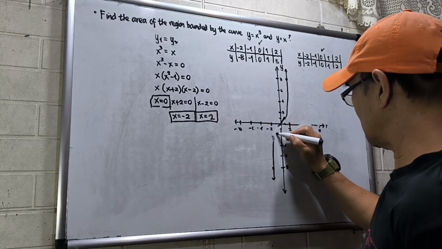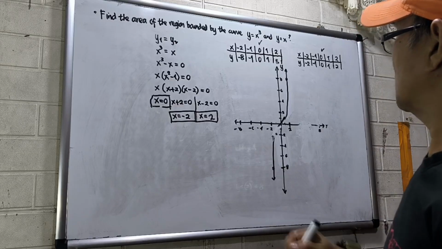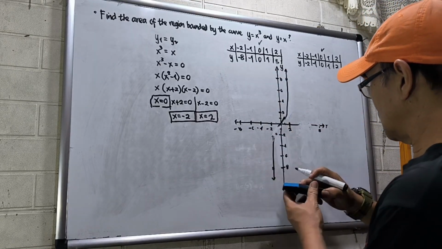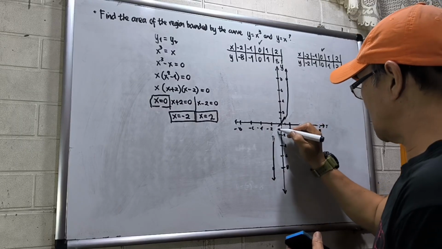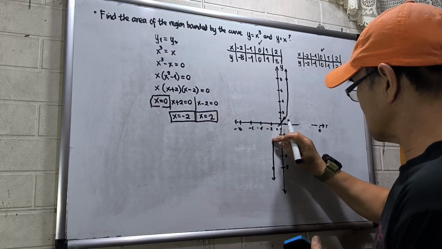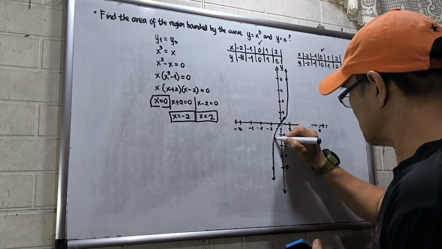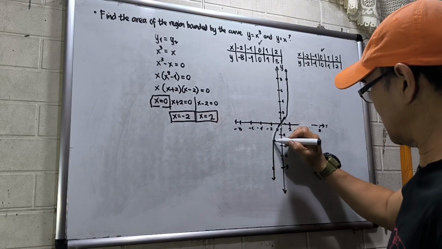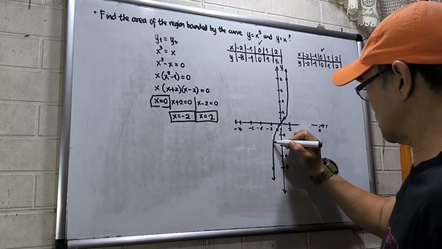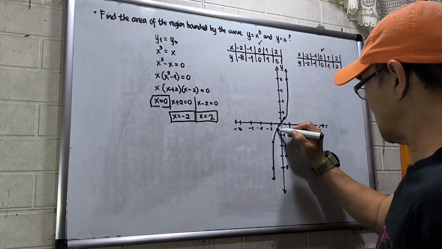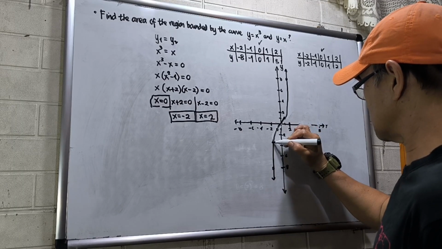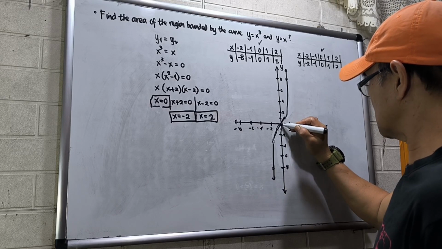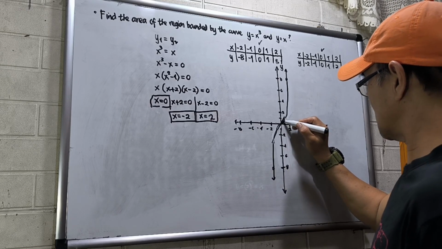So here, there is no negative 2. I mean this one. Negative 1, 1. Then line will be negative 2. Then 1, 1. And this one.